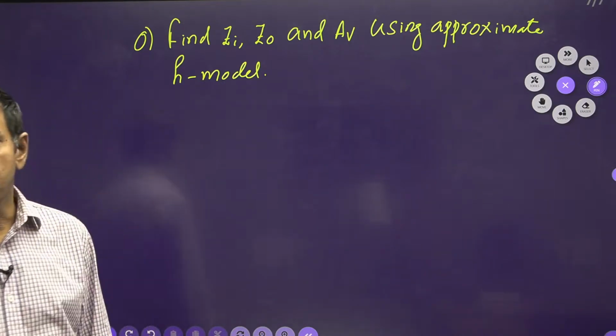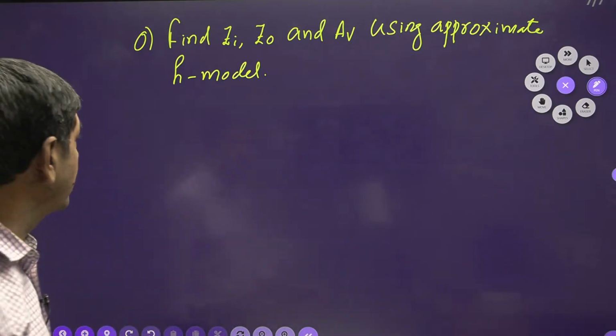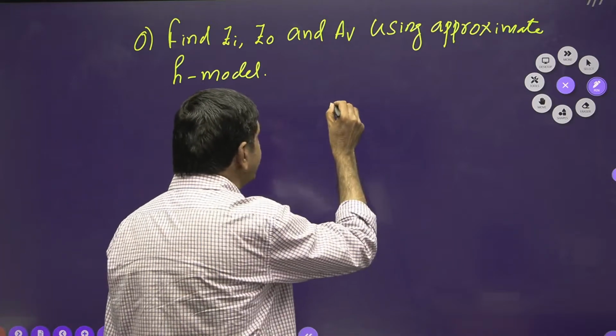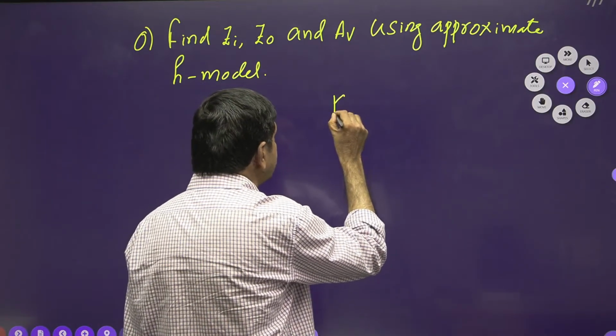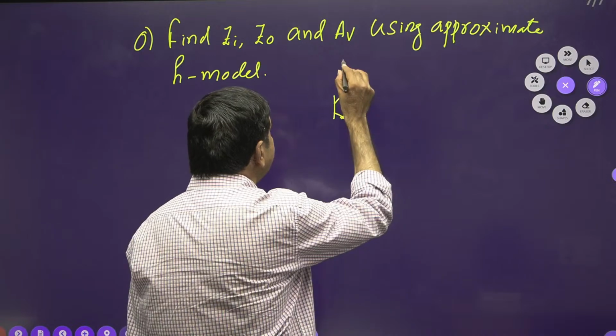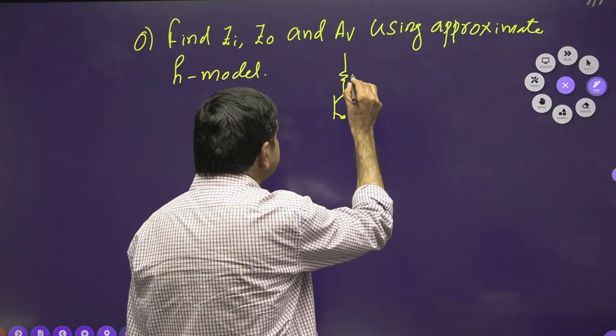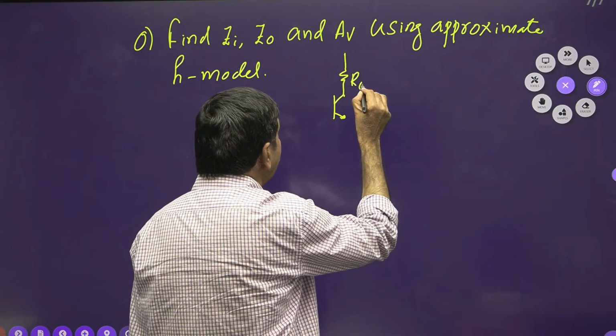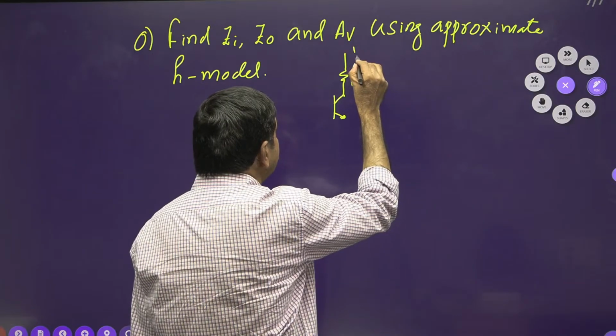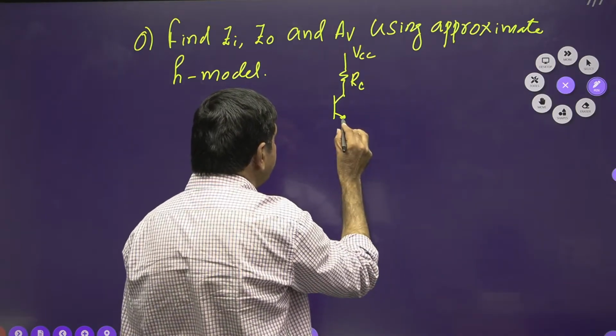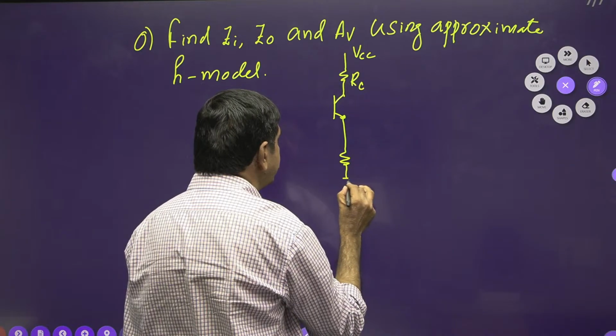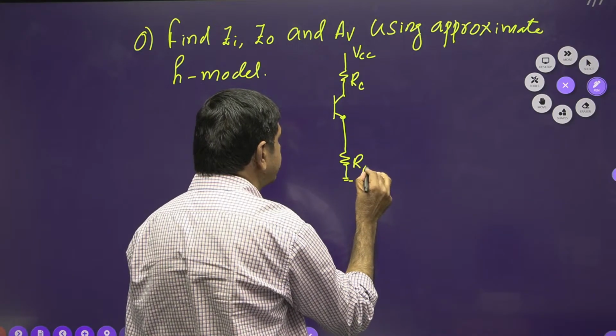But I want to give this circuit in your hand now. How will that circuit be? The question is given like this. There is a resistor, that is RC. This is VCC. Here it is connected with an emitter resistance, RE.